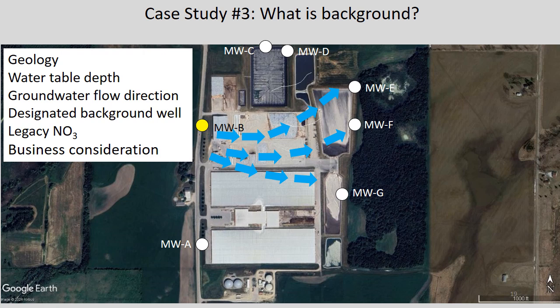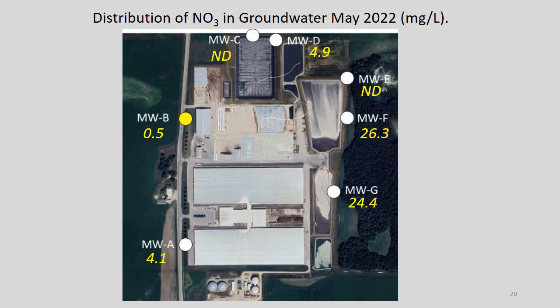And based on our investigation, we found that this site had legacy nitrate under it, which means that it couldn't have come from this dairy, which is fairly recent.